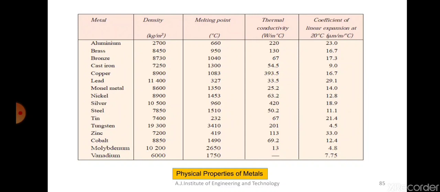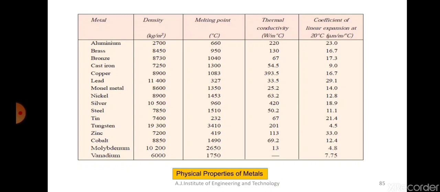Similarly, you'll have to know mechanical properties also. In physical properties, based on the density of the material, you can know where exactly it can be used. If the density is more, where it has to be used; if the density is less, where it can be used. Depending on the melting point and the conductivity, that is thermal conductivity as well as electrical conductivity, we know where the applications will come.